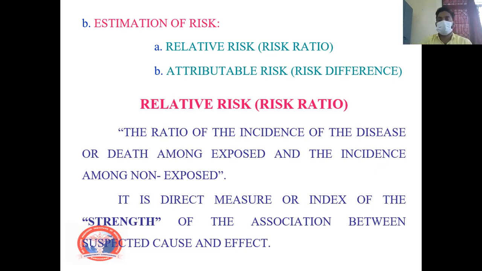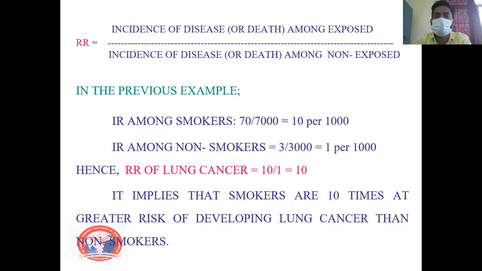It is a direct measure or index of the strength of association between the suspected cause and effect. Relative risk is equal to incidence of disease or death among exposed divided by incidence of disease or death among non-exposed. This is the formula for relative risk.